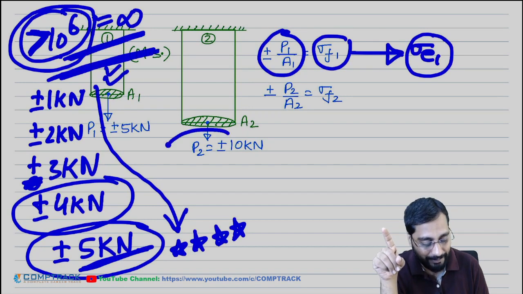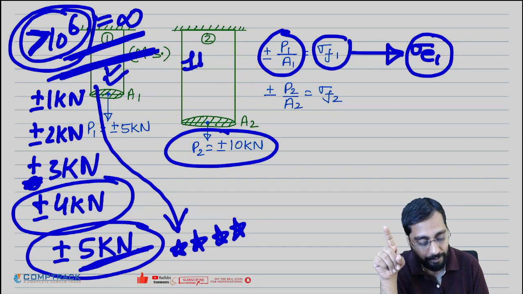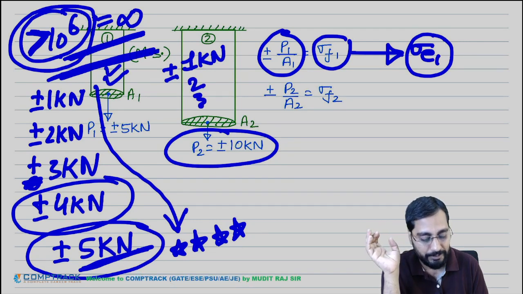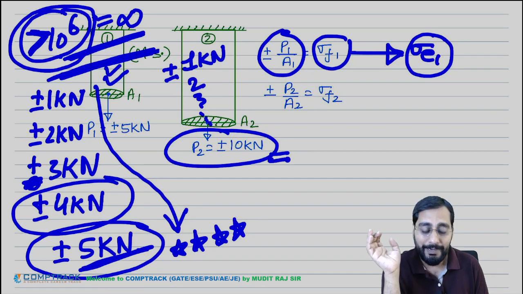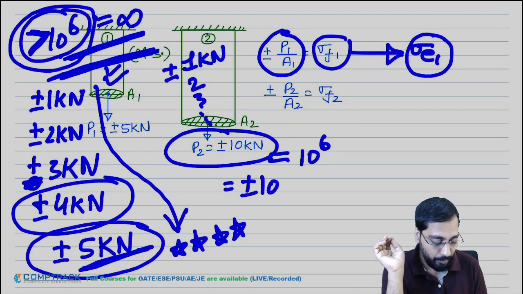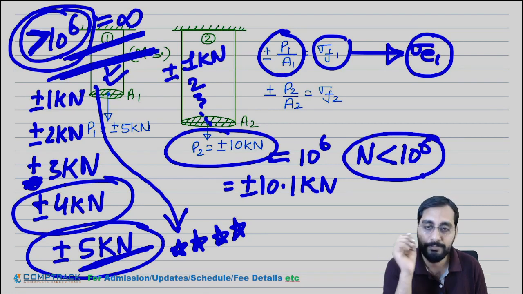Similarly, for the second bar, let's say first you are applying 1 kilonewton plus minus, more than 10 to the power 6 cycles it will go. For 2 also, for 3 also, like this. At 10 kilonewton, it will just complete the 10 to the power 6 cycles. If you make it plus minus 10.1 kilonewton, the material will fail at a number of cycles less than 10 to the power 6.